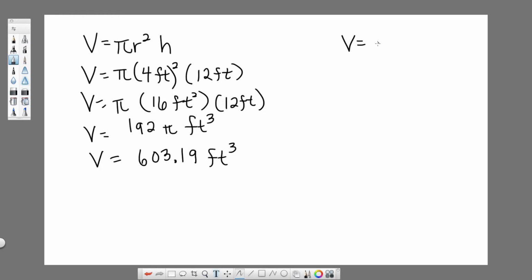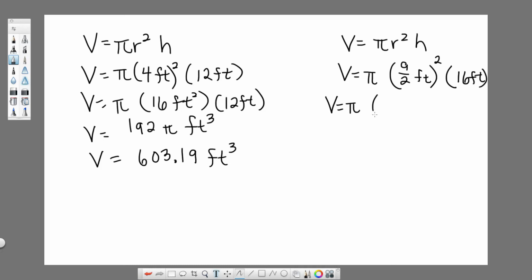Number 2, this time it said the diameter was 9 feet, so that's pi. Remember, I need radius, so that's 9/2 feet, or 4.5 feet. And I got to square that times the height, and the height is 16 feet. All right, so I get volume equals pi times 20.25 feet squared when I took 9 divided by 2, which is 4.5, and then 4.5 squared is this, times 16 feet.